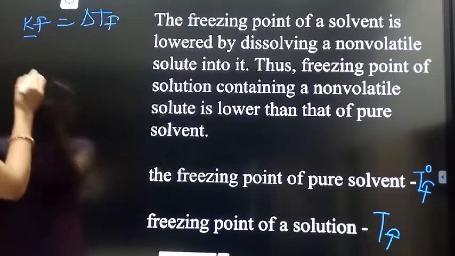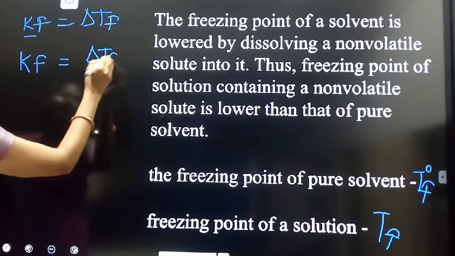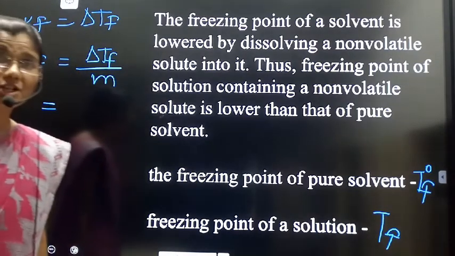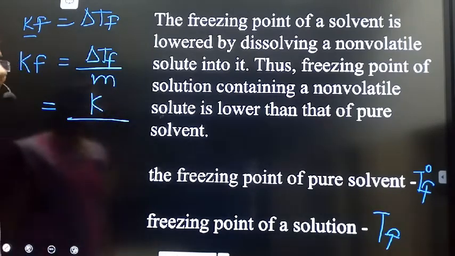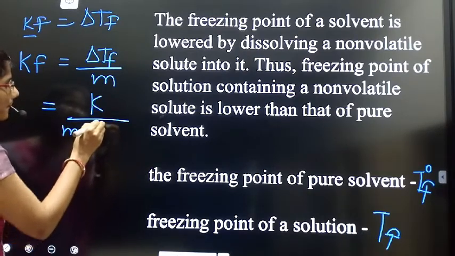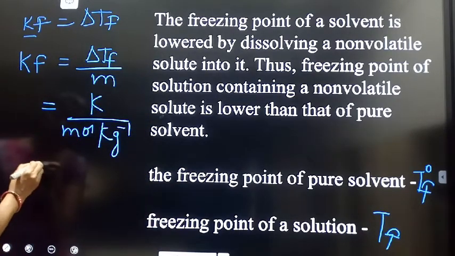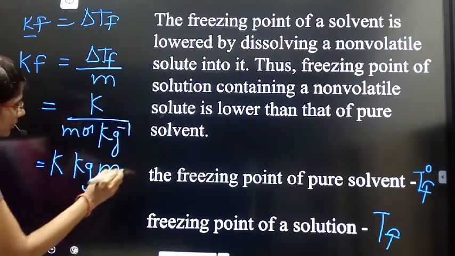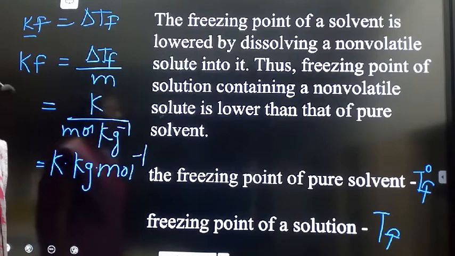As we know, Kf is equal to delta TF upon m. Delta TF, the depression in freezing point, has the unit Kelvin, and the molality has the unit mole per kilogram, and therefore Kf has the unit Kelvin kilogram per mole.